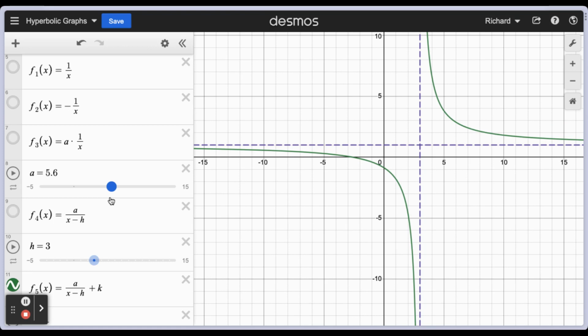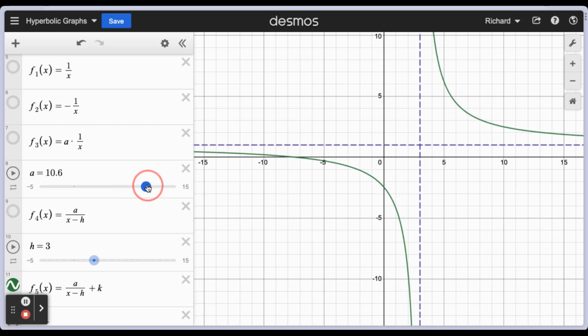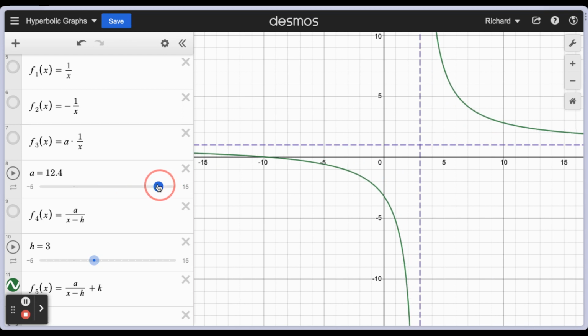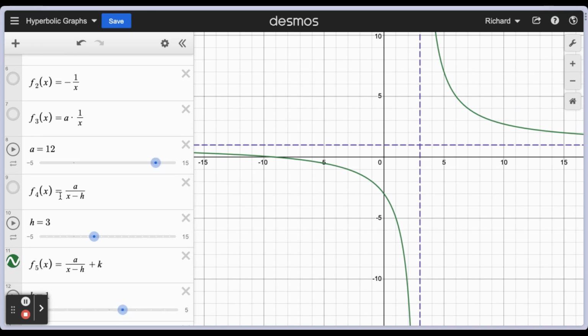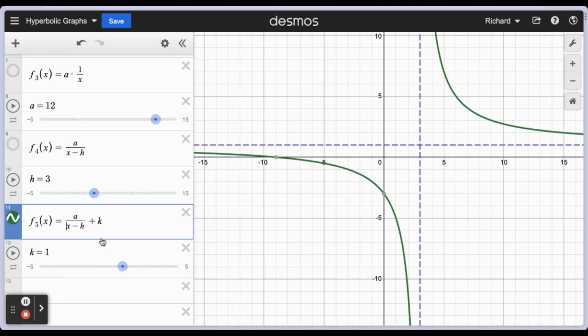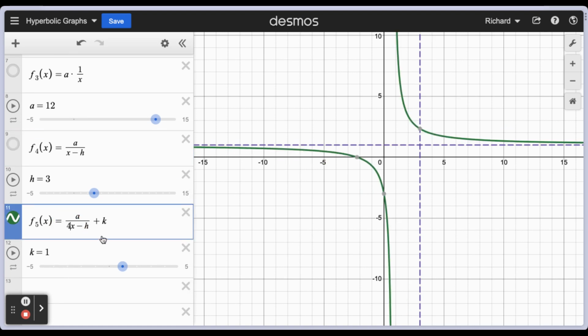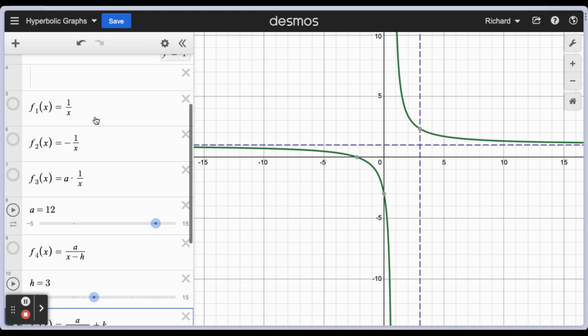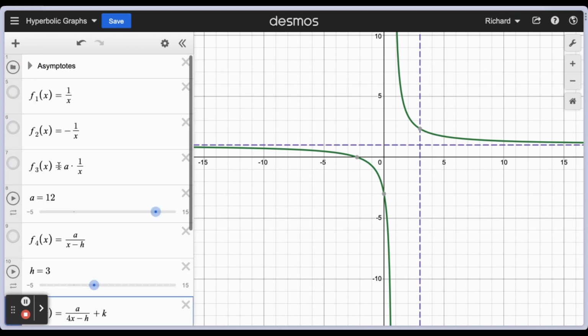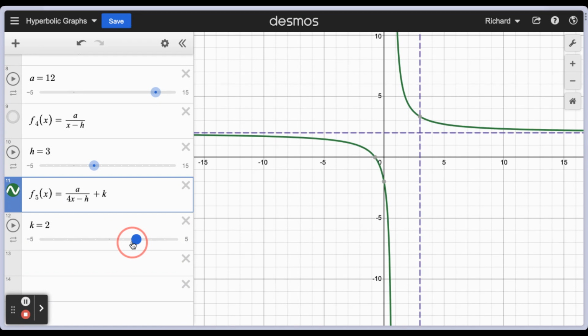Right, any questions? Alrighty, I'm going to use a very specific asymptote now. So I'm going to make A equal to 12. I'm going to add in a number here, which is 4. And I'm going to add in K equal to 2.